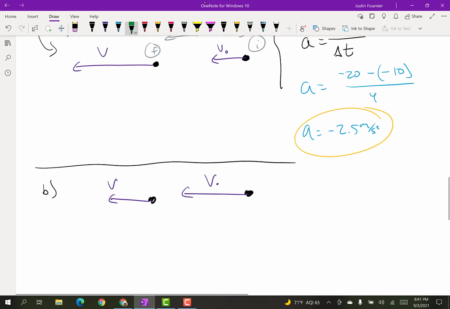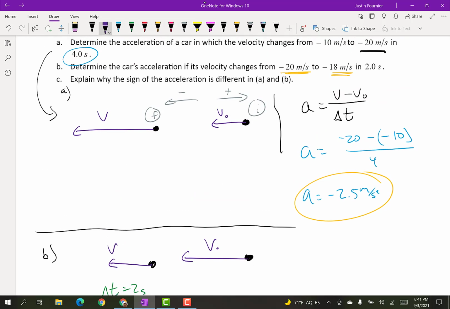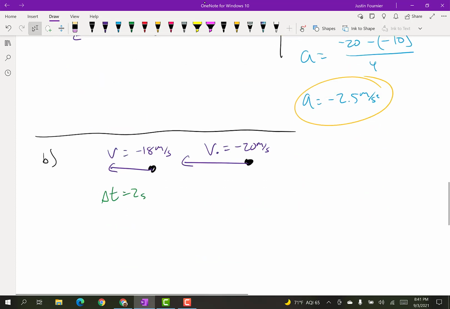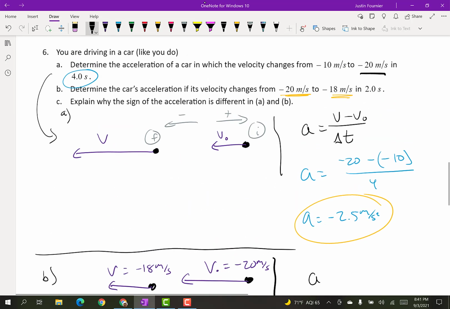So my change in time is 2 seconds. And then my final velocity is negative 18 meters per second. My initial velocity is negative 20 meters per second. So again, I could plug all this in. Again, are we trying to find the acceleration? Yeah.